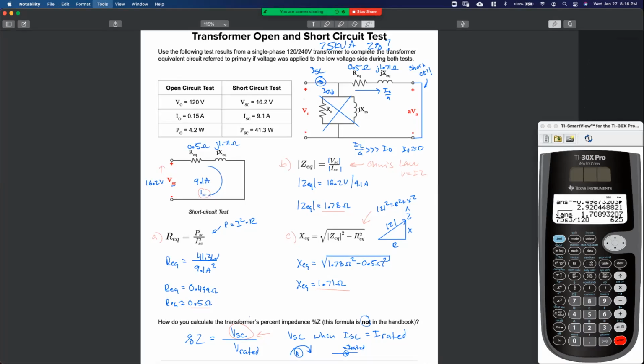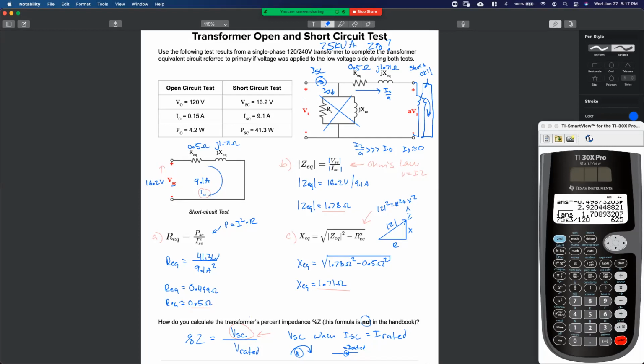So really we have what? We've got our ideal transformer, that's going to look like this. And here's our short. But we're measuring the short all the way over here, is what we're assuming.